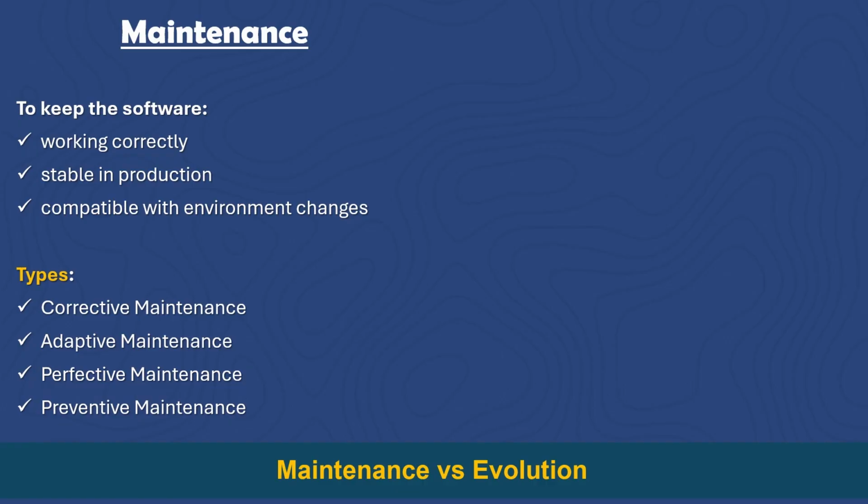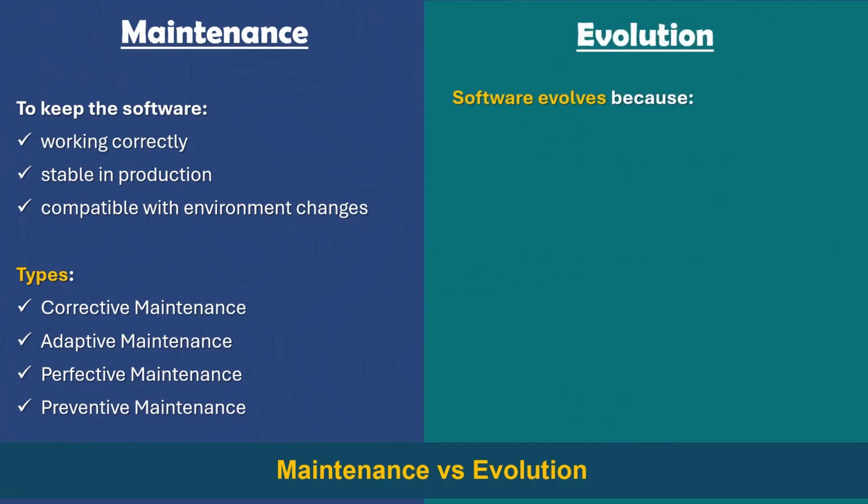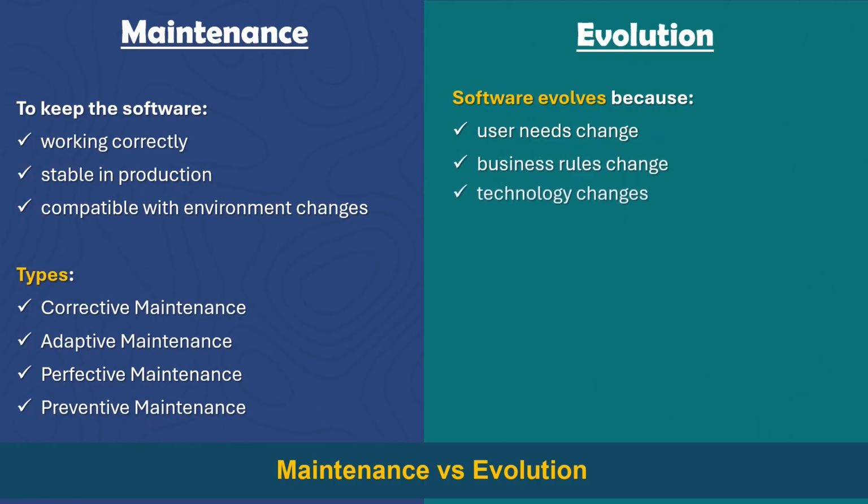Then software evolution: all activities carried out to effect changes in requirements are called software evolution. The key idea is that software evolves because user needs change, business rules change, or technology changes. So software evolution is a process of conducting continuous software engineering. Software is not fixed once built.